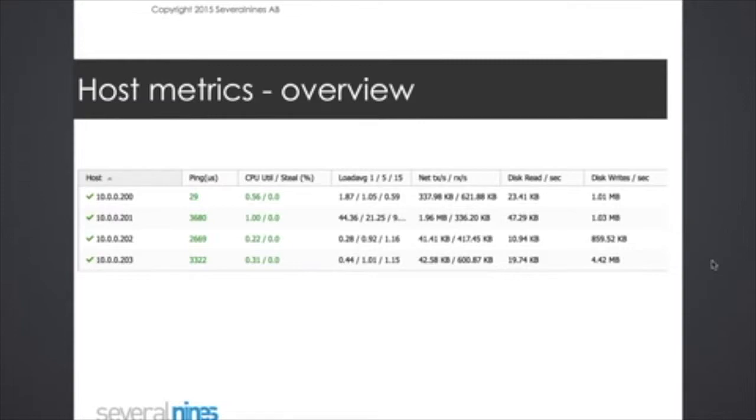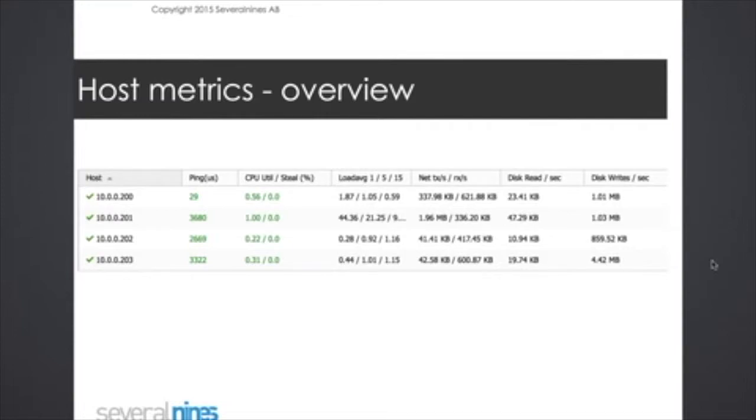This is the percentage of time the virtual CPU waits for the real CPU while the hypervisor is servicing another virtual core. It may cause some unstable performance in virtualized environments. We can also see the load, network throughput, disk reads, disk writes, this kind of information.